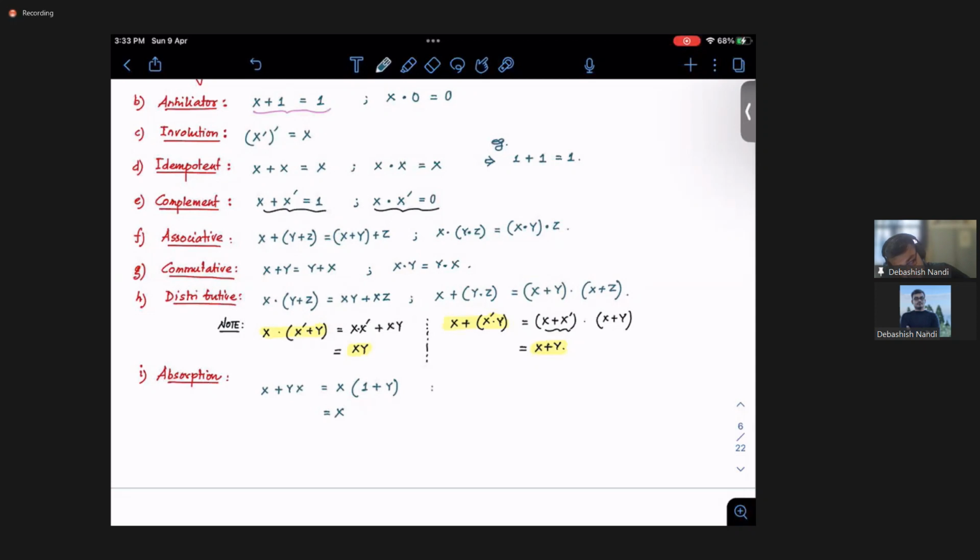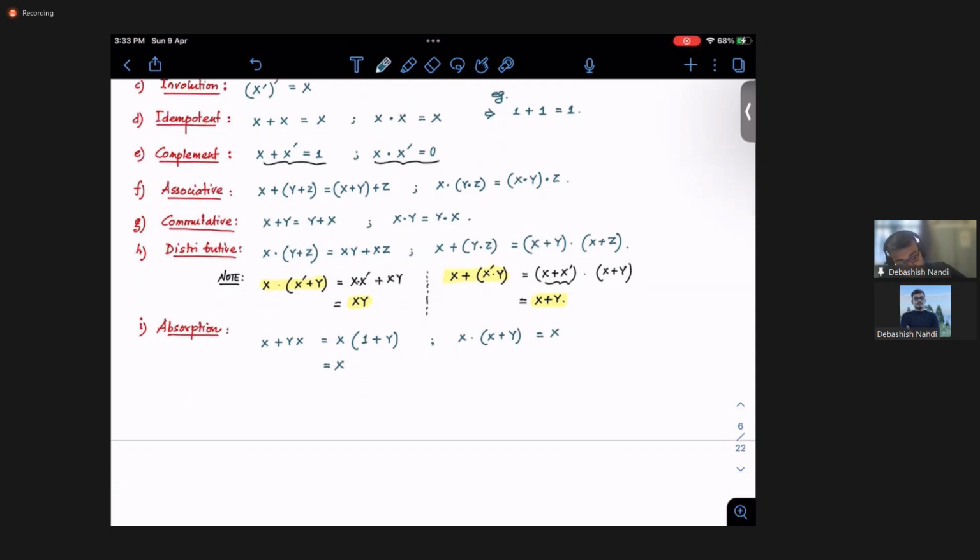Similarly, if you have, let's say, x and x plus y, how will it go? You will have x plus x of y.